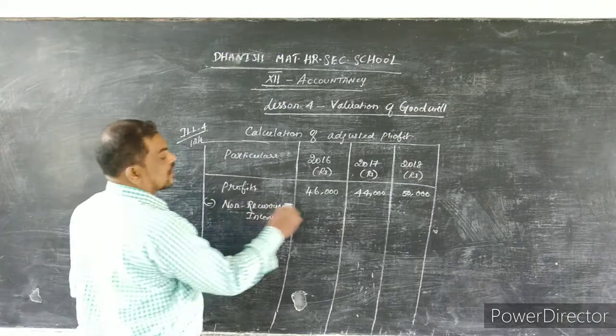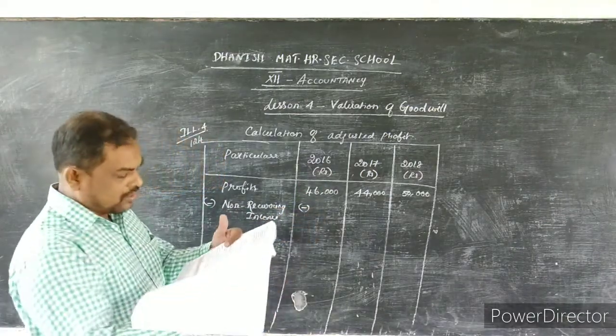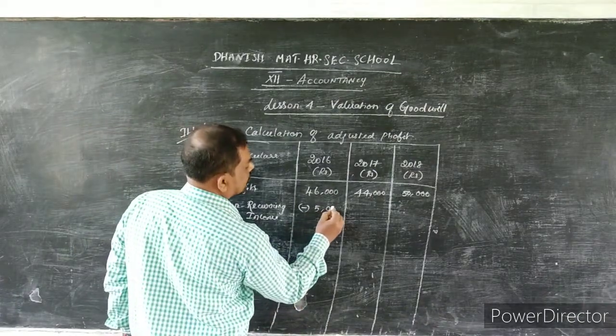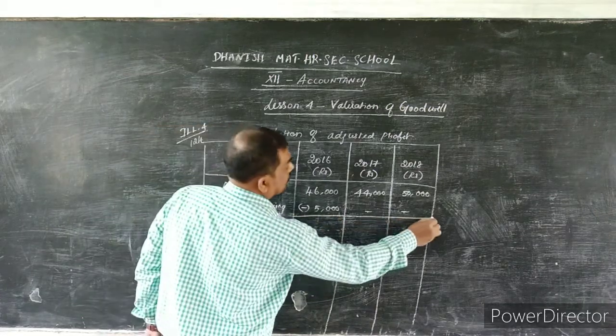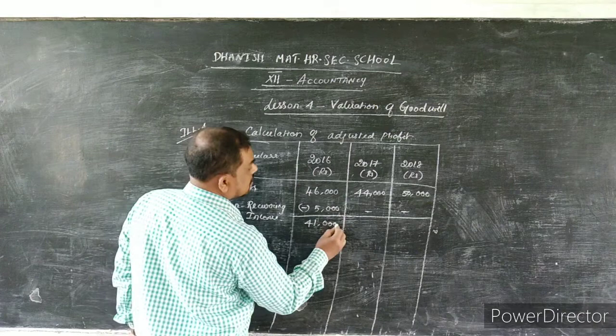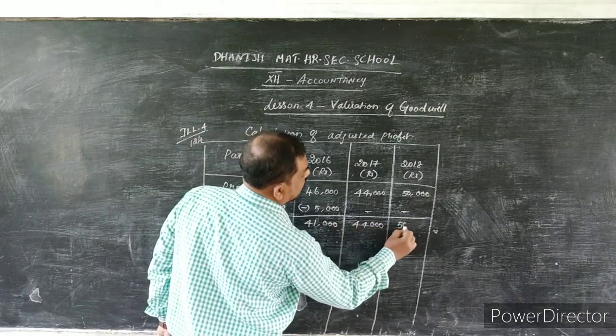In 2016 the amount is rupees 5,000. Here nil, here nil. What is the balance? 46 minus 5, 41,000. Here 44,000. Here 50,000.